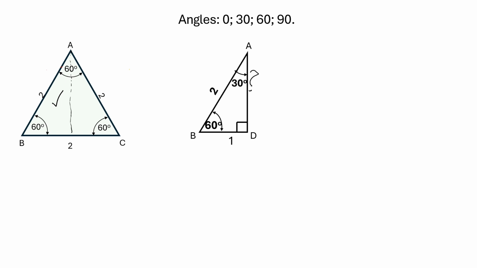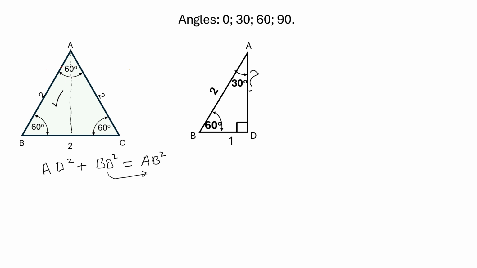By the use of Pythagoras theorem, we can say that AD squared plus BD squared will be equal to AB squared, which is the hypotenuse. Because we're looking for AD, we can move this to this side.